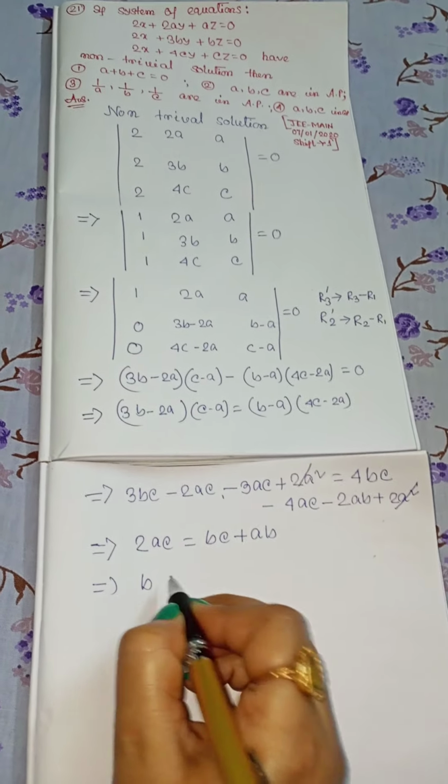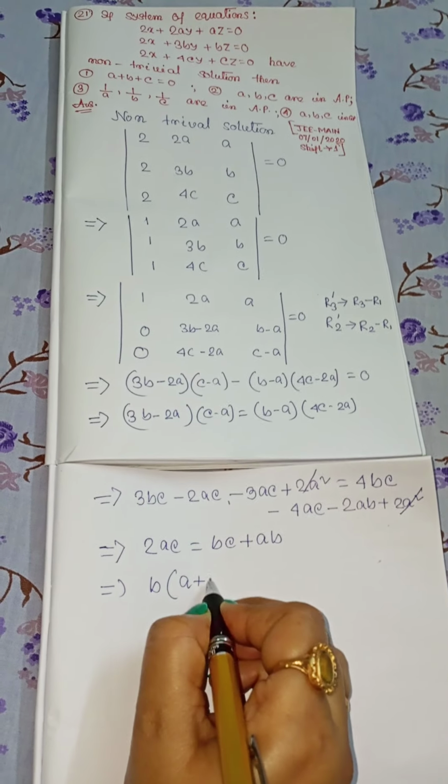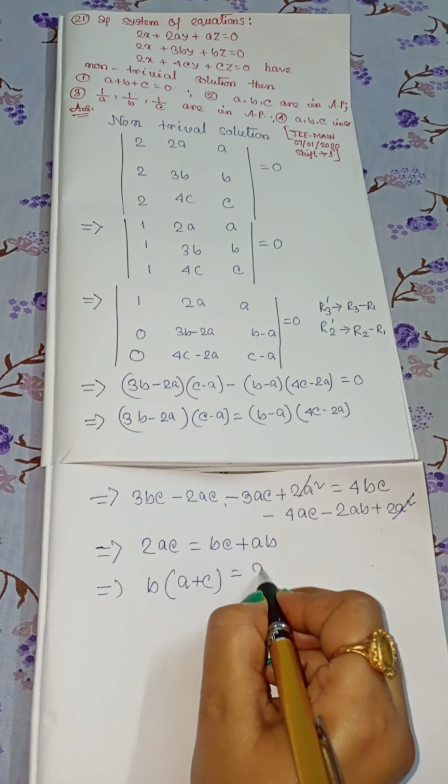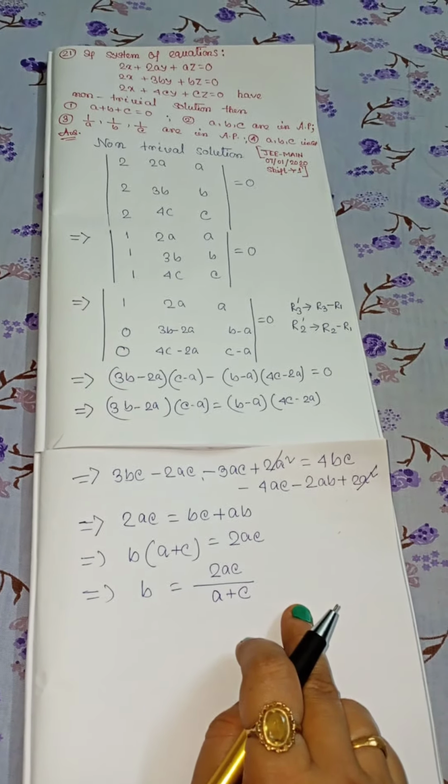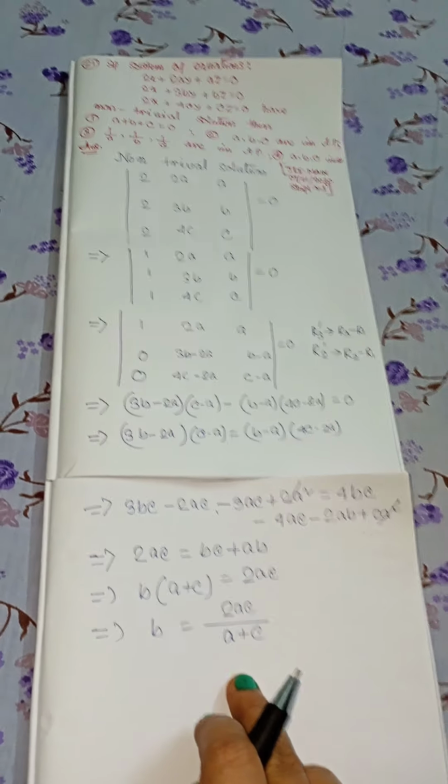Now b common, b times a plus c is equal to 2ac. That implies b is equal to 2ac divided by a plus c. So it is seen that a, b, c are in HP, but HP is not in the syllabus of JEE.